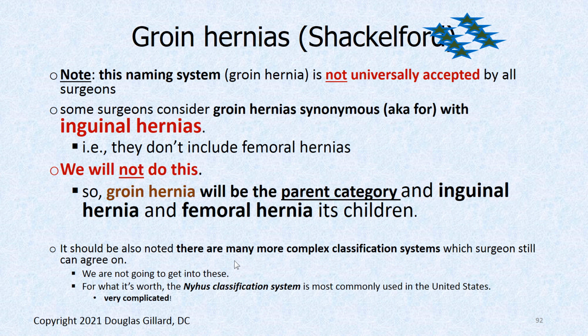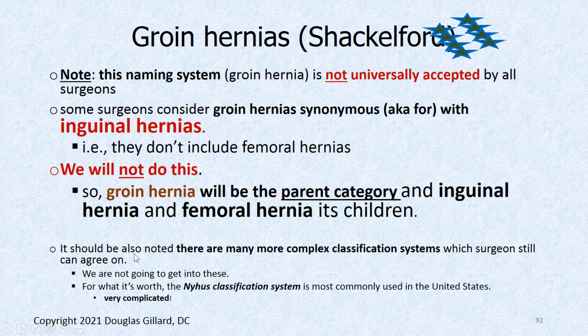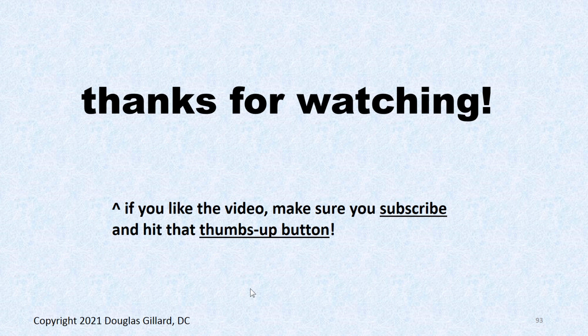We'll use the system that I did right here: our groin hernias include inguinal hernias and femoral hernias. But just know that not all surgeons believe that. They think femoral hernias are a different type. And there's a NYHUS classification system that surgeons use, and that's way beyond the scope of medical students, physical therapy students, and chiropractic students.